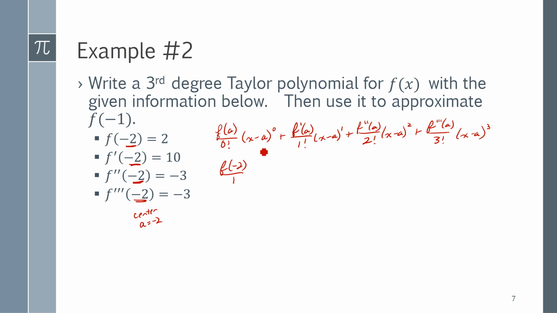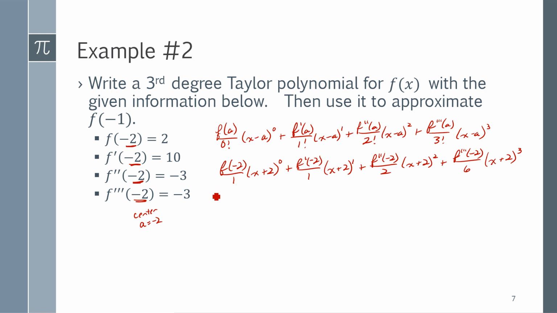So I've got f of negative 2 over 1, then x minus negative 2 to the 0, f prime of negative 2 over 1 times x plus 2 to the first, f double prime of negative 2 over 2 times x plus 2 squared, plus f triple prime of negative 2 over 6, because that's what 3 factorial is, times x plus 2 cubed.